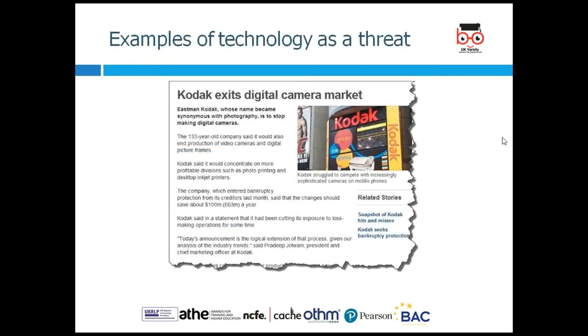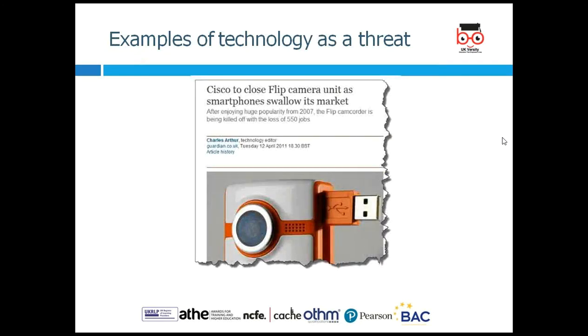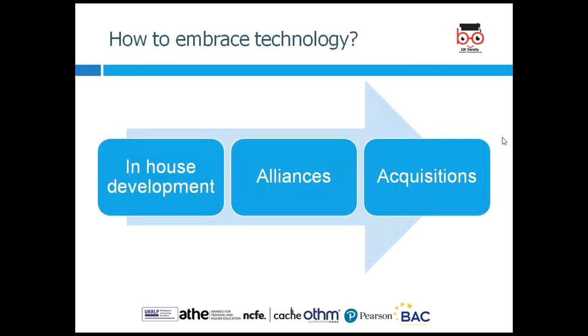Various companies have cut back administration due to technology. We can look at in-house development, technology alliance, and acquisition, where different hotels might come together, like your technology enables us.